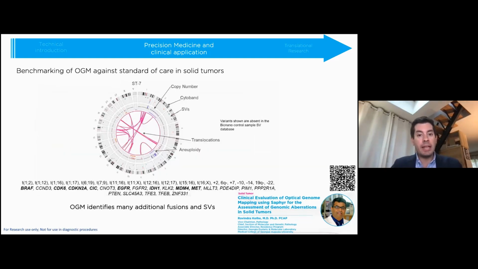But many other SVs and CNVs, and many completely unsuspected translocations, were found. Many impacted well-known oncogenes or tumor suppressor genes such as BRAF, EGFR, or CDKN2A. These results really confirm how structural variants are overlooked in solid tumors and what critical information is provided by a tool such as optical genome mapping.